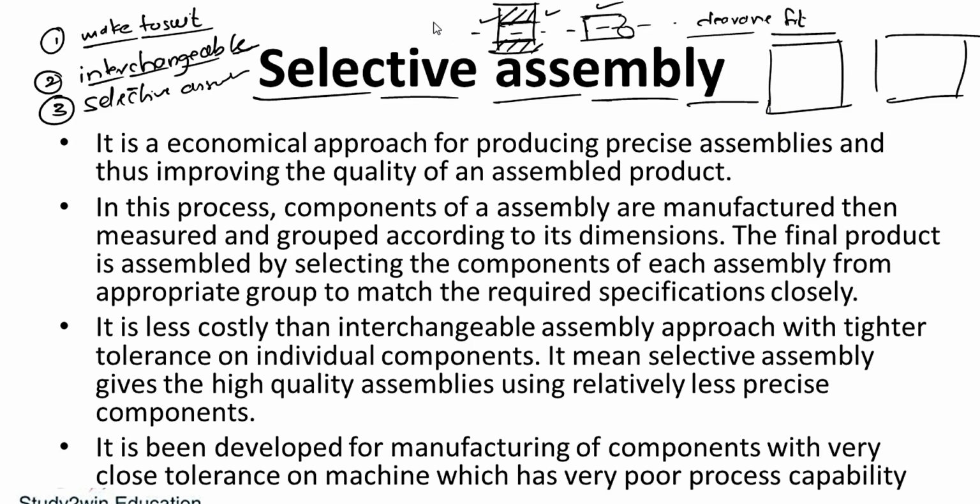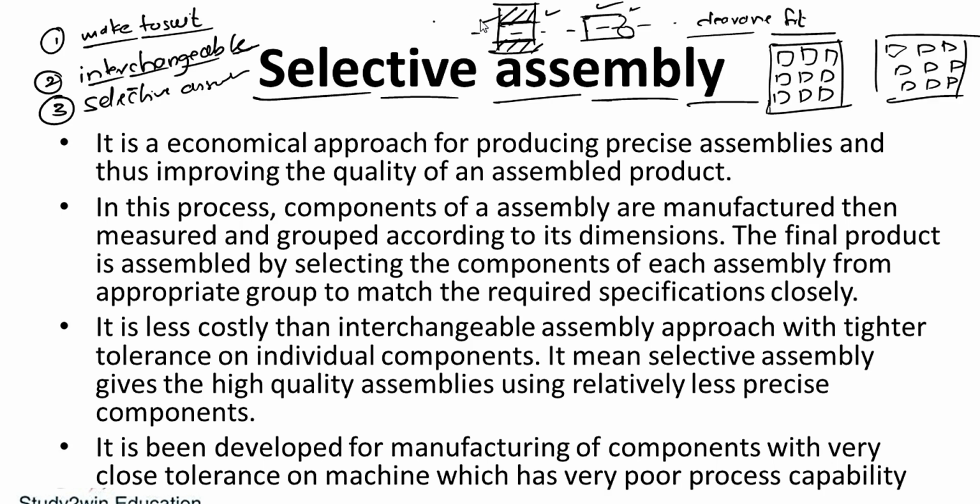For the hole component you will give some tolerance, and for the shaft component you will give some tolerance. And then you have to manufacture these components. You will manufacture so many components with a hole in it, and then you will have so many shafts. All these components are within the tolerance limit.